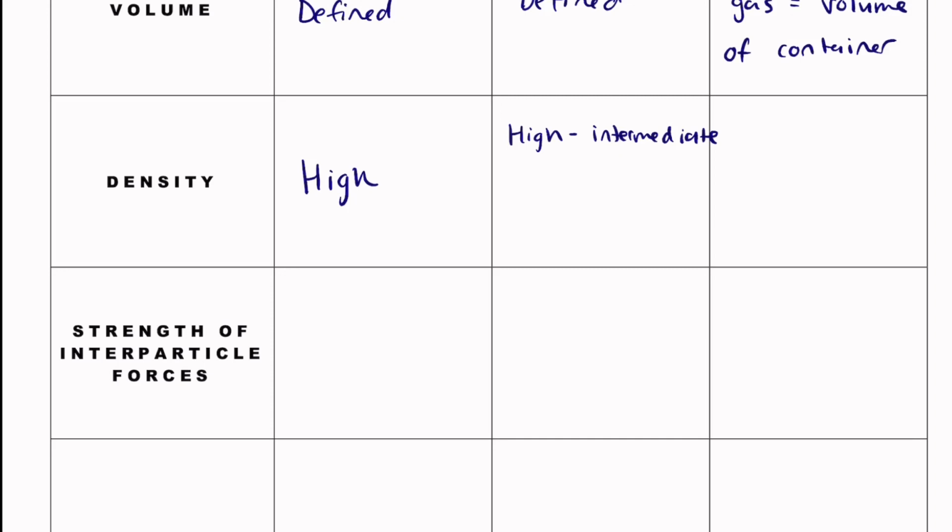And then gases, their density tends to be very low. That's why we can compress them, because there's so much space between the particles that bringing them closer together, there's all this space that we can bring them in.